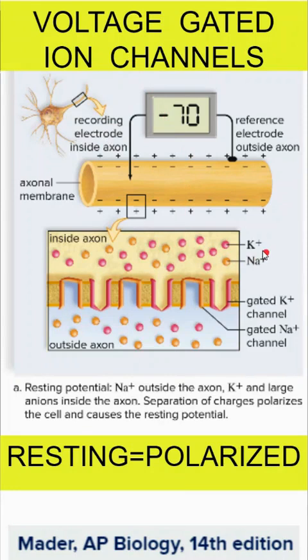Now we're going to look at sodium and potassium ions and sodium and potassium gated channels. They're not just open on their own. There has to be a type of stimulus that's going to trigger that opening. Some of them can be ligand gated, but we're mostly looking at the voltage gated ion channels.